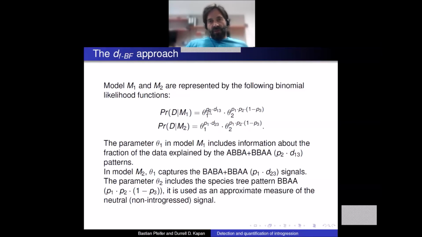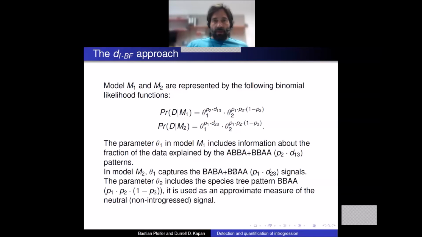So, for instance, P2 times D13 reflects the ABBA plus BBAA pattern, and P1 times D23 captures the BABA plus BBAA pattern.